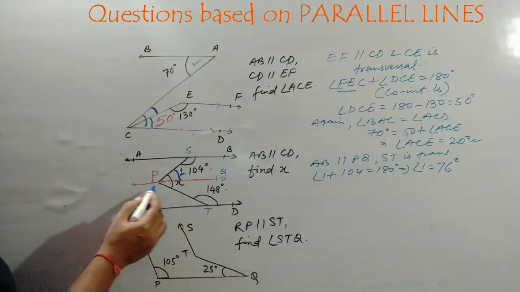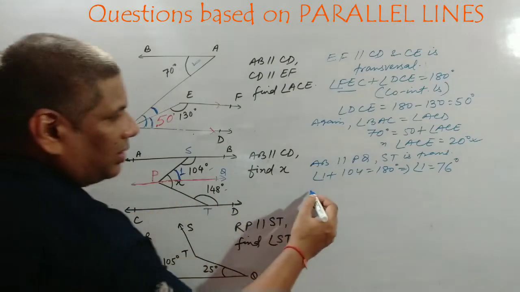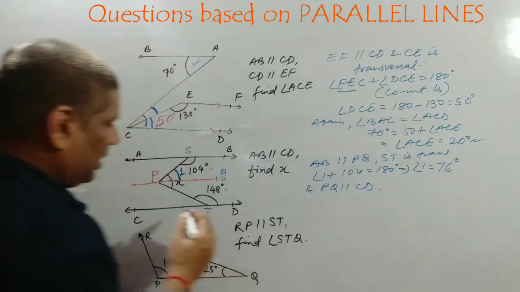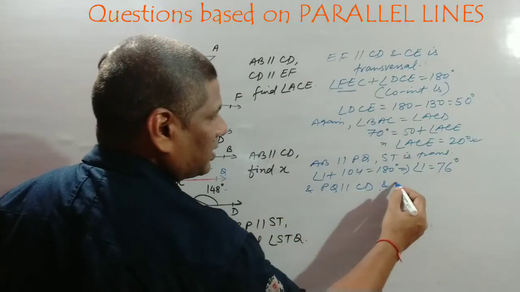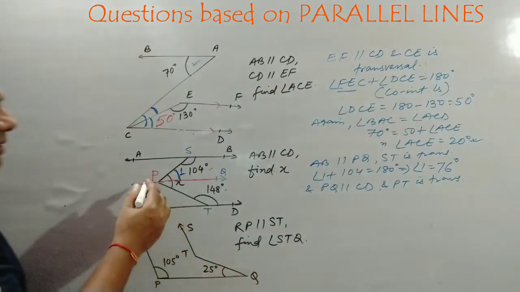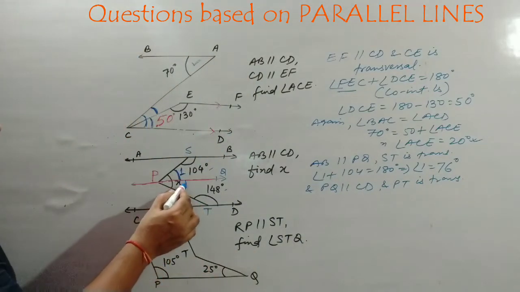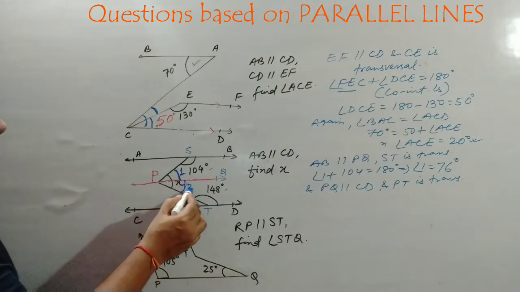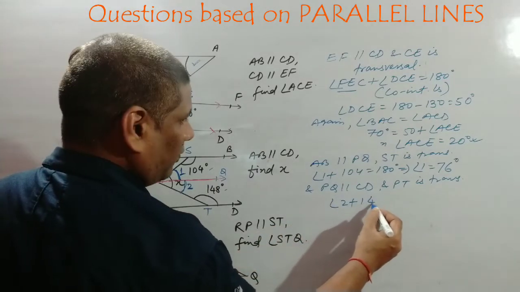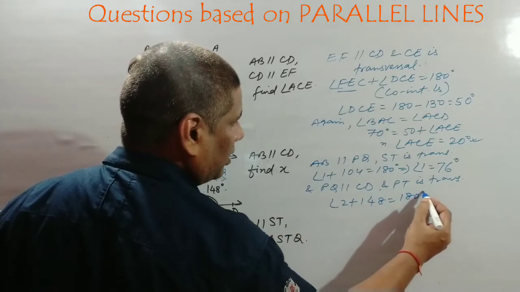Again in the same way, PQ is parallel to CD and PT is a transversal. Mark this angle as 2 here. So angle 2 plus 148 equals 180 degrees.